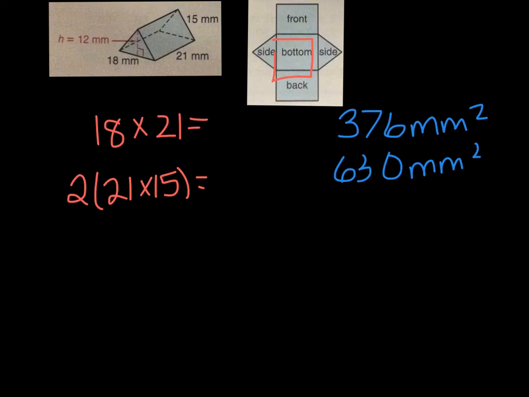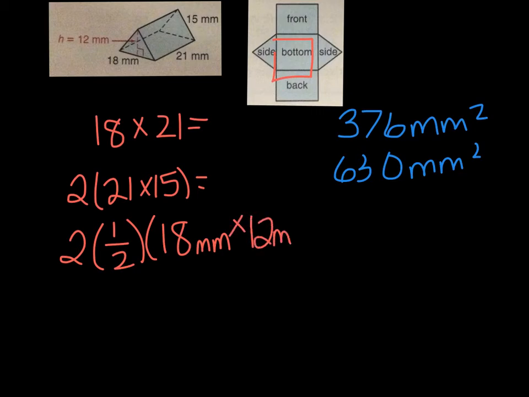And then our last shape would be the triangular bases. Again, I'm going to multiply that by 2 since there's 2 of them. And that would be times 1/2 times 18 millimeters times 12 millimeters.